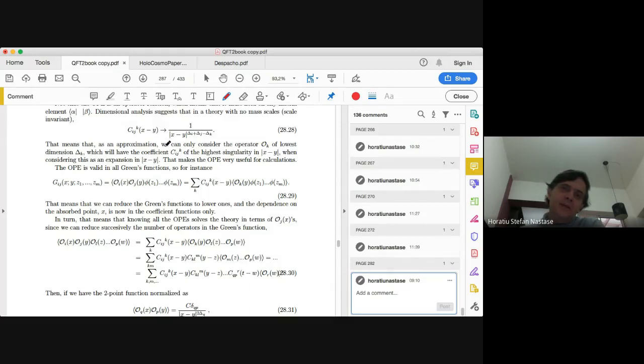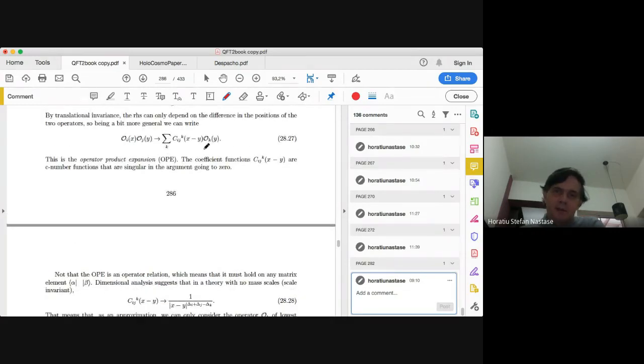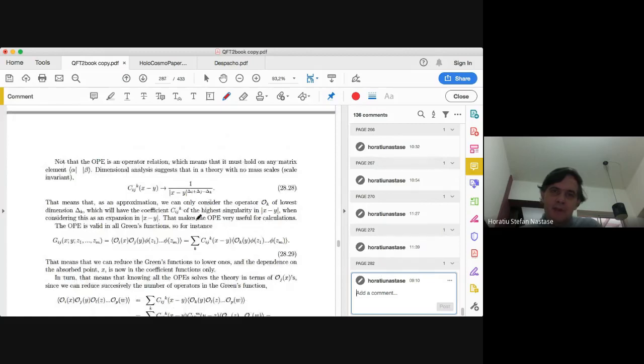So when I do this operator product expansion, as an approximation I can always approximate with the coefficient function that is most divergent times an operator. So I can consider only the operator that has the lowest dimension, so the highest in power here, and then plus less singular terms.